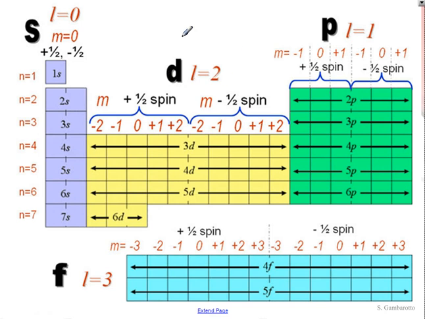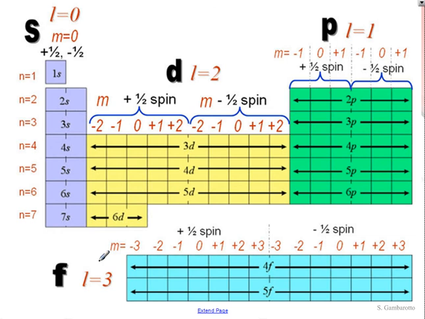Same thing with the d, except now because L equals 2, we go from -2 to +2, so that gives us 5 separate orbitals. Within each of those 5 orbitals, you can have 2 electrons, so that gives us a total of 10 electrons in the d orbitals.